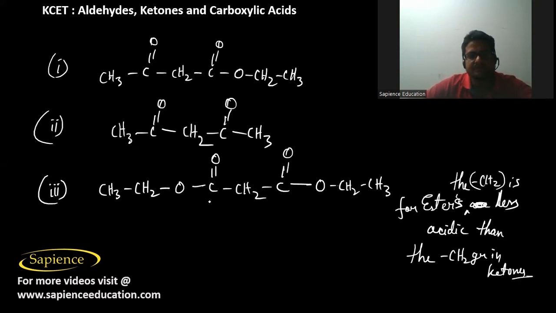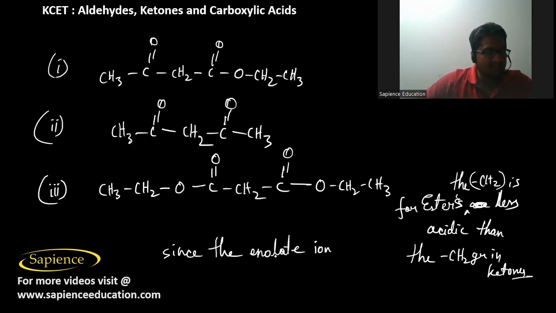Why? In case of esters, the enolate ion which is formed from an ester will be less stable than that which is produced from the ketone.